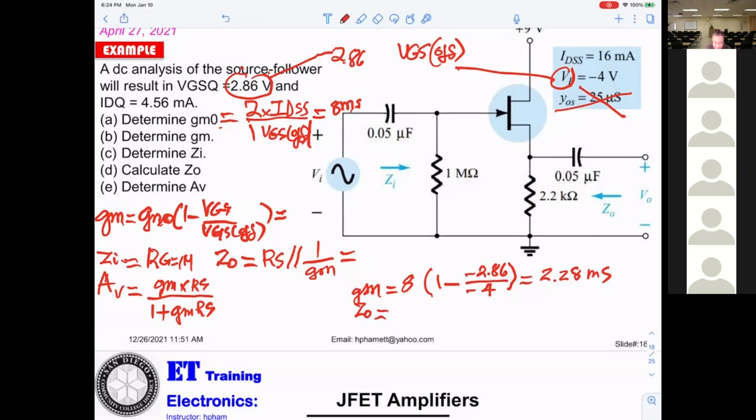Okay, RS that means 2.2K. Okay, and parallel with the 1 over GM. So you need to know what our 1 over GM is. 1 divided by 2.28.